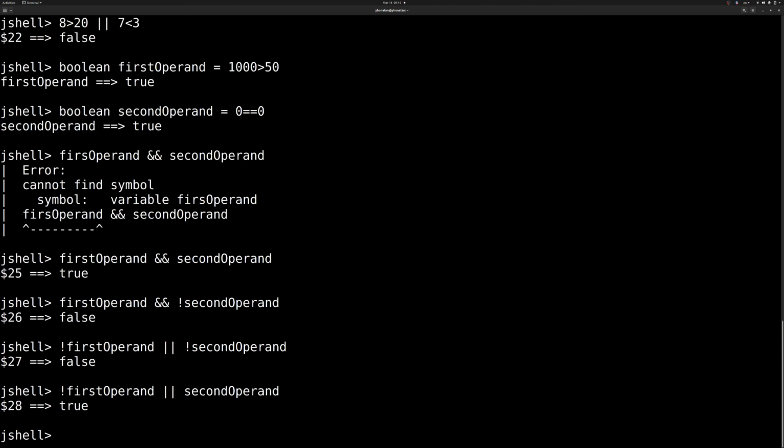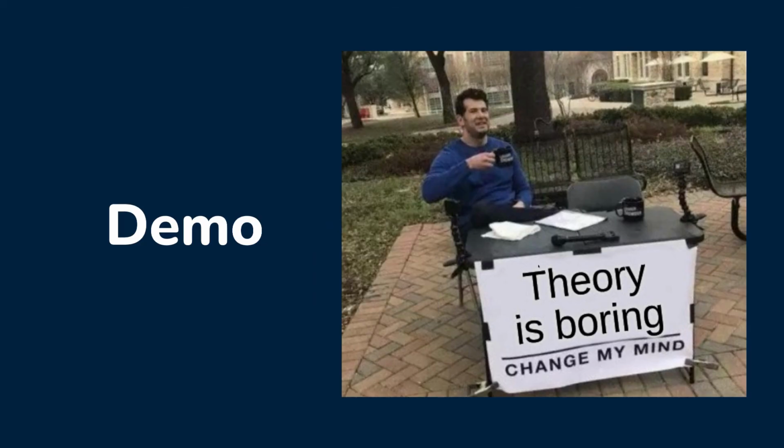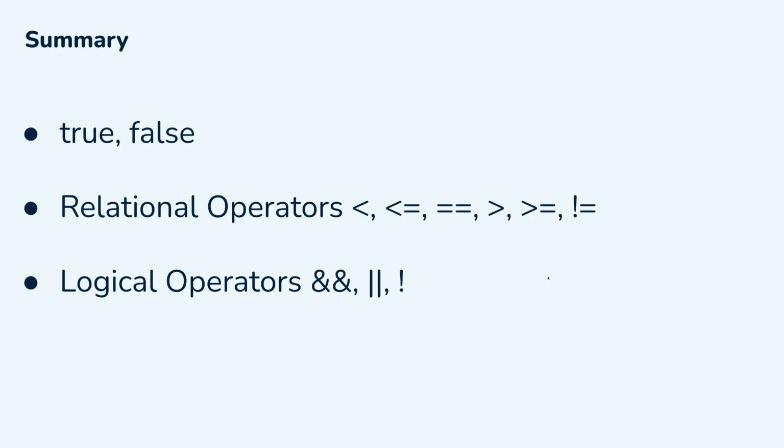As you can see, even though the Boolean expressions contain only two possible values, it's possible to get complex Boolean expressions by combining the relational and logical operators. So, what can we summarize about Boolean expressions?